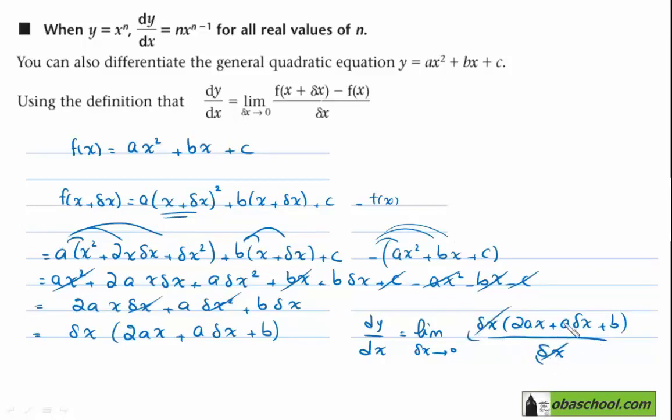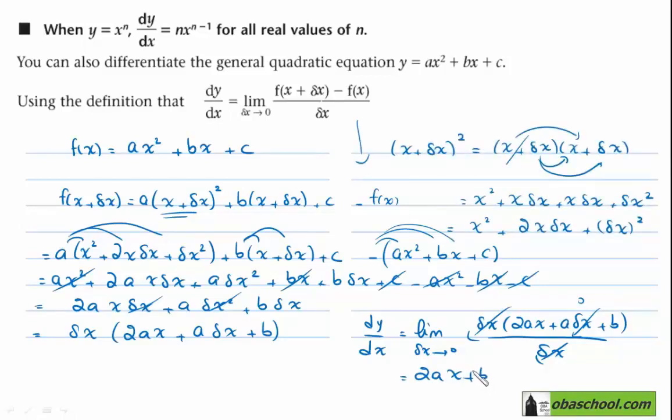Delta x in the numerator and the denominator cancel each other. If we assume that delta x tends to 0, then the remaining is going to be 2ax plus b. We substituted 0 instead of delta x, which is a very small value and neglected. Then the remaining for dy by dx is equal to 2ax plus b.